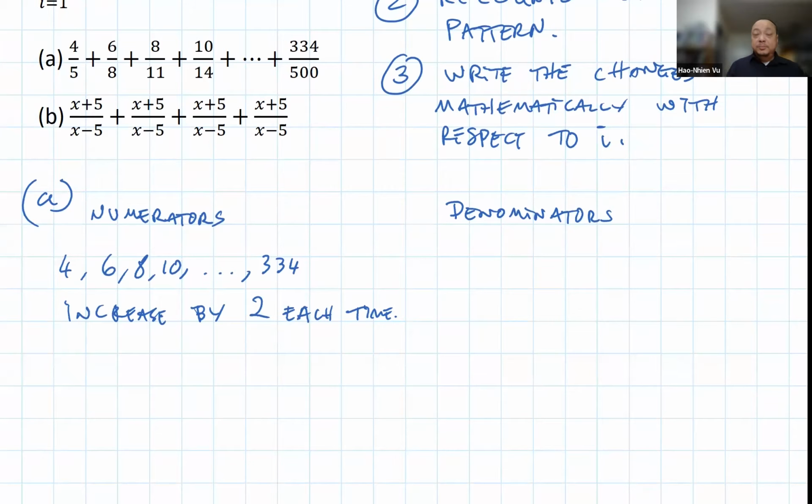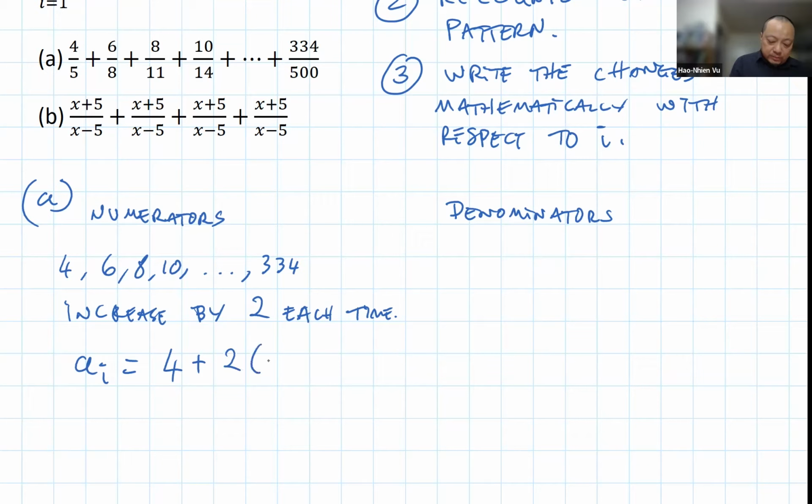If it increases by 2, then that makes it an arithmetic sequence. At this stage, there are 2 ways you can do this. You can recognize it as an arithmetic sequence, and you apply what you know about arithmetic sequence. It starts at 4, and it adds by 2 each time. But you didn't add on the very first step. You only start adding on the second step.